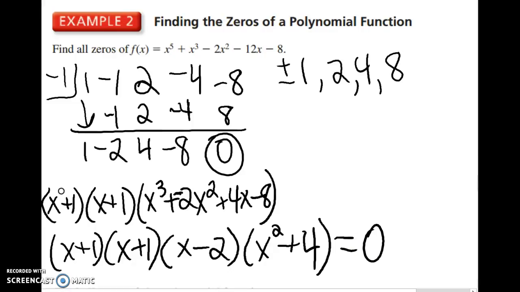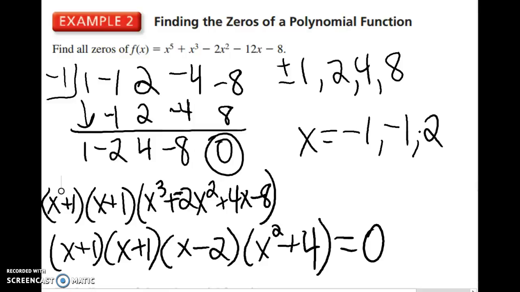From here, I can see that x plus 1 and x plus 1 gives me -1, so I'm going to write my answers above. -1 and -1. And then x minus 2 will give me 2 as a solution.